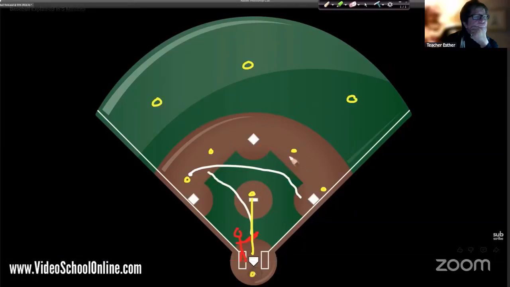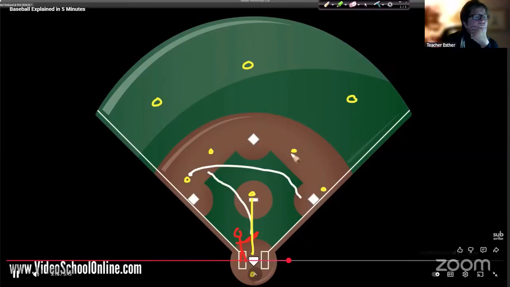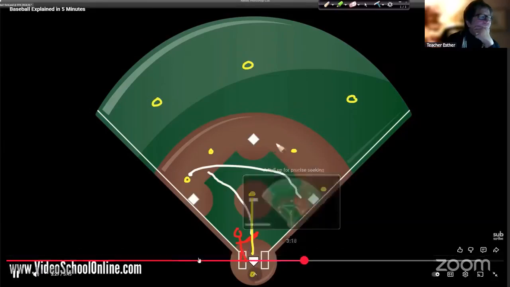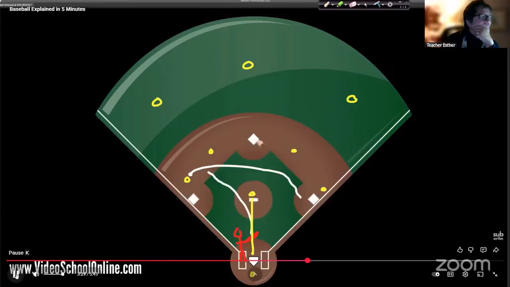So if they have the ball in their glove or in their hand, they can tag you with it and you are out. Now, there's lots of different rules that go into this, and there's different ways of getting people out. And it's not always the case that they just have to get the ball to the base before you, and then there will be an out.